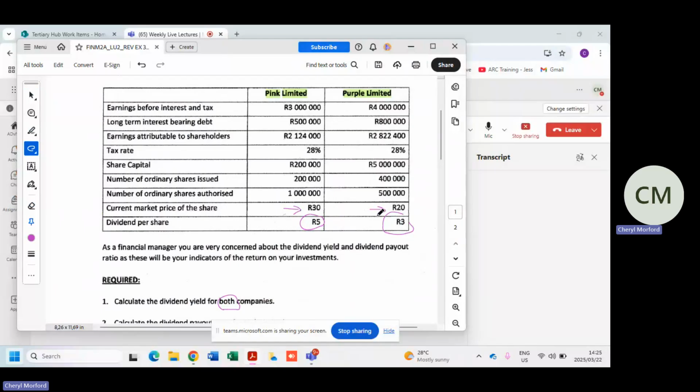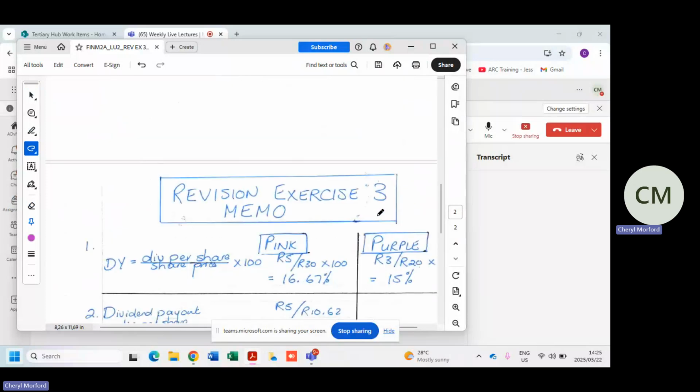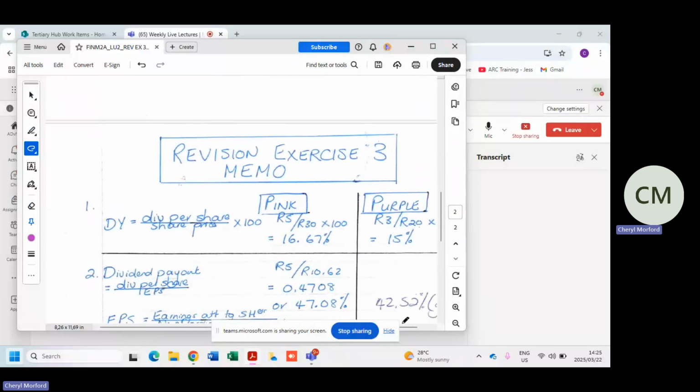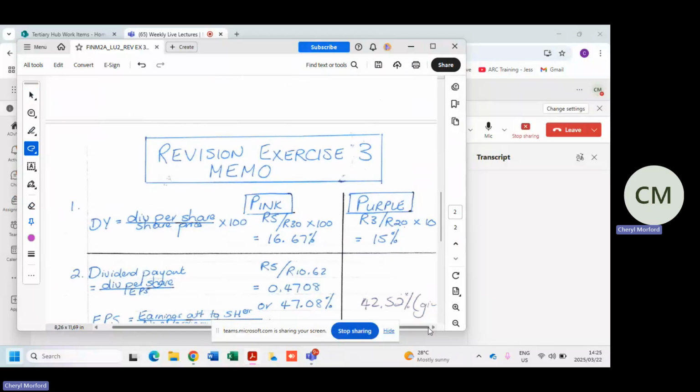So all we're going to do is we're going to find 5 Rand as a percentage of 30 and 3 Rand as a percentage of 20. That's all there is to dividend yield. So let me show you how would be quite a nice way to set it out. As we said, a column for each of the companies. And then you're only going to write down the formula once on this side over here.